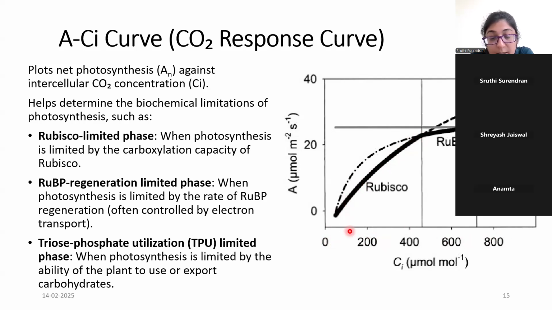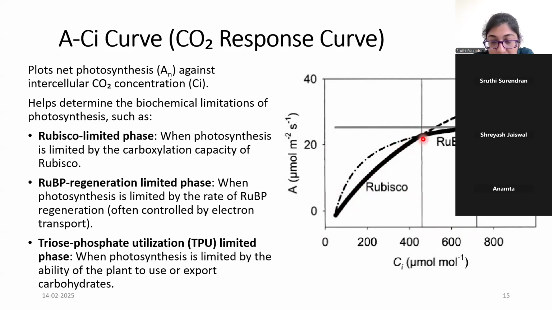micromoles of carbon dioxide, micromole fraction of carbon dioxide, we see that the net assimilation is increasing from 0 to a higher value. And as we move towards higher values of carbon dioxide, the rate of increase keeps on going down, until one point when you see that even when the carbon dioxide concentration inside the leaf is increasing, the value of net assimilation is not increasing as much as it was in this part of the curve.